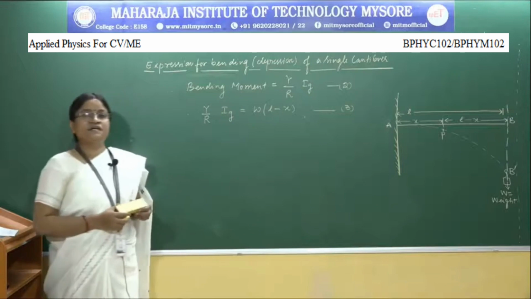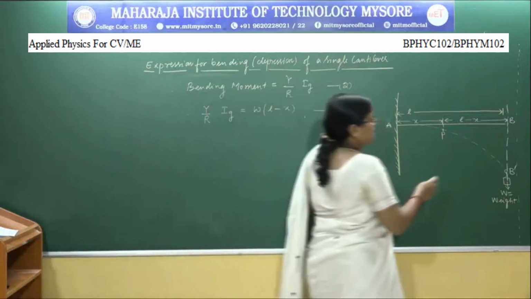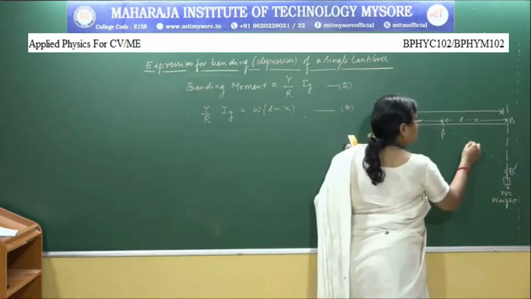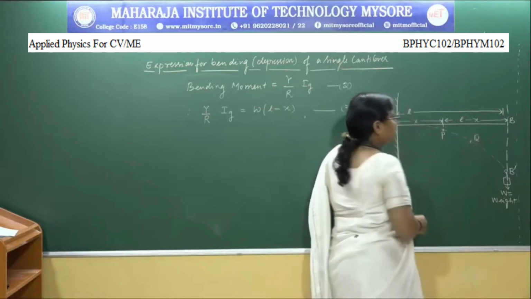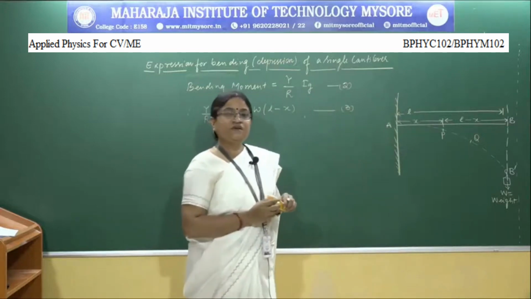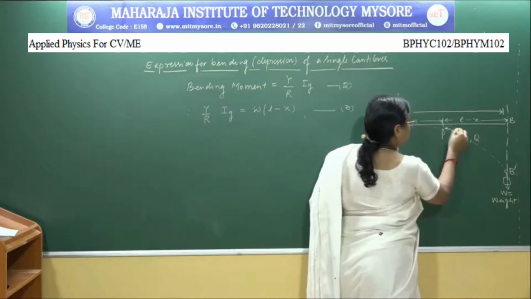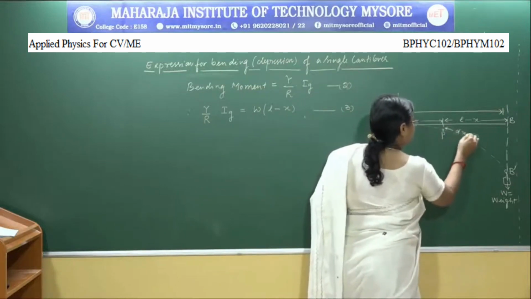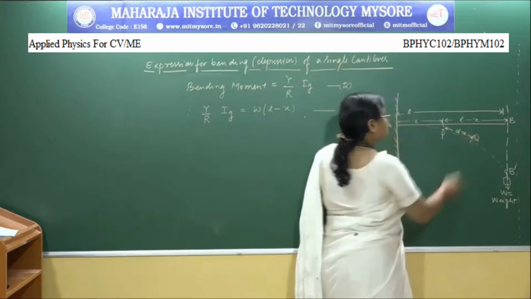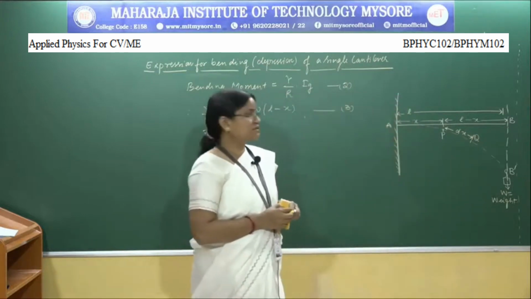Now we will consider another point Q in the beam, and this P and Q are very close to each other. So this distance, a very small change, we consider it equal to dx.